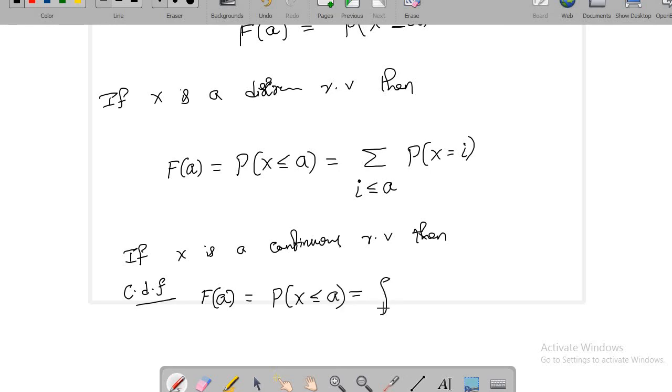That's exactly the integral from minus infinity to a of f of x dx, where f of x is the probability density function of x.